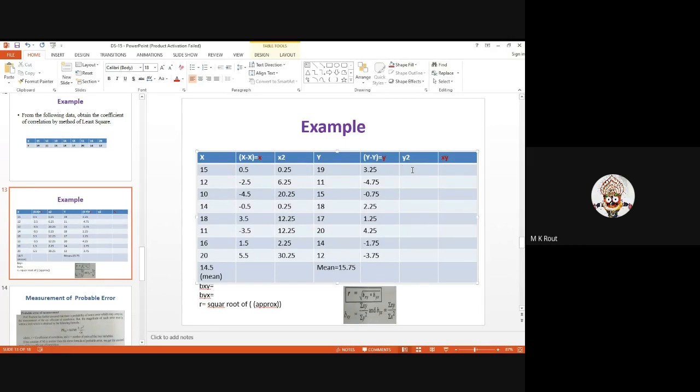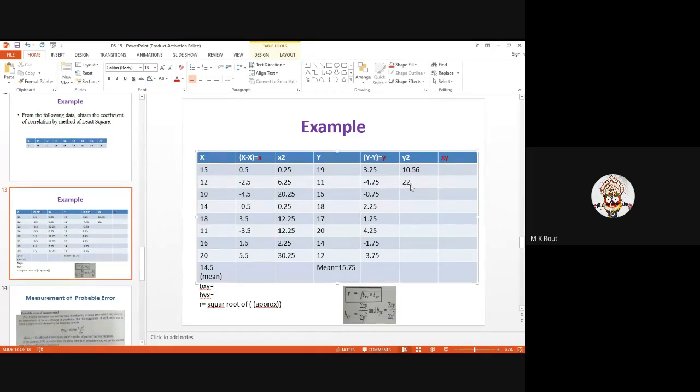What is the square of 3.25? So 10.5625. Okay, you can take a maximum of 2 digits. Moving to the next one. What is the value? 22.56.